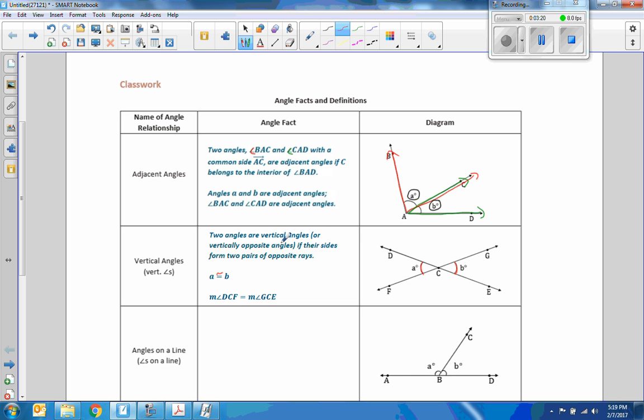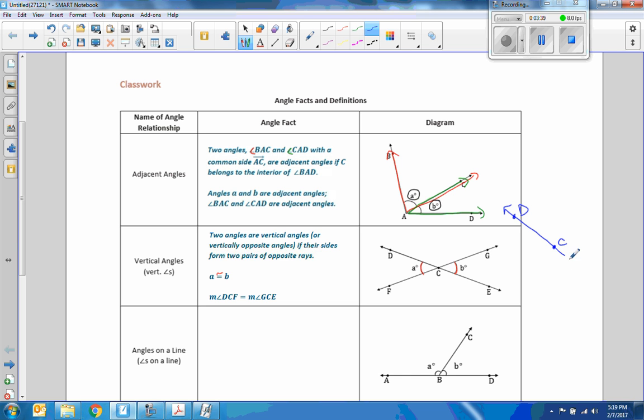Two angles are vertical angles if their sides form two pairs of opposite rays. So CD goes like so. This is C. I'm recreating it. CD is right here.